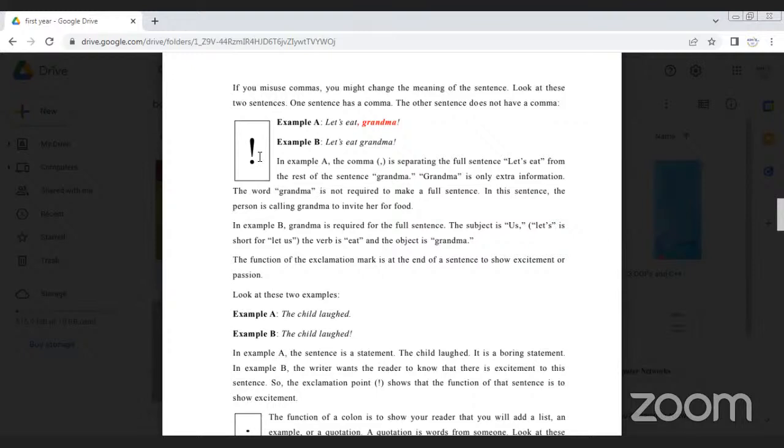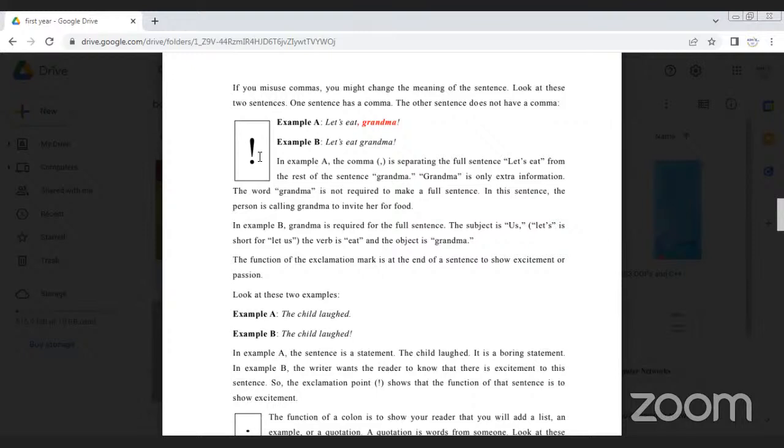Example B: Let's eat grandma, exclamation mark.